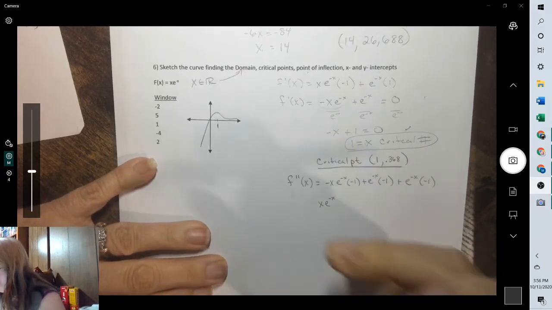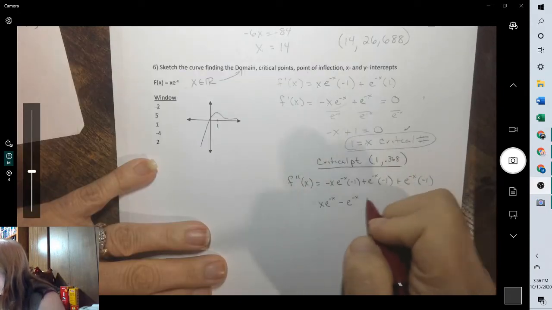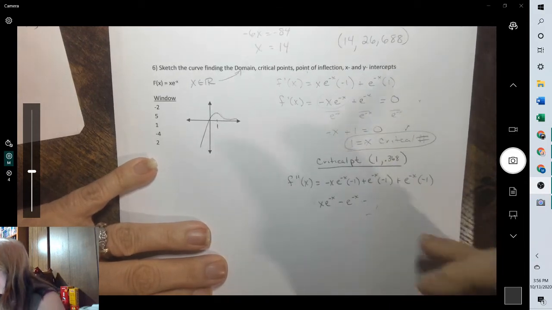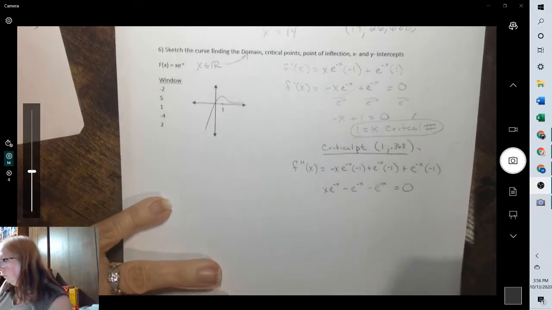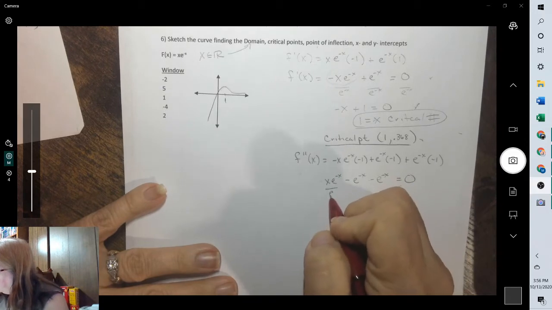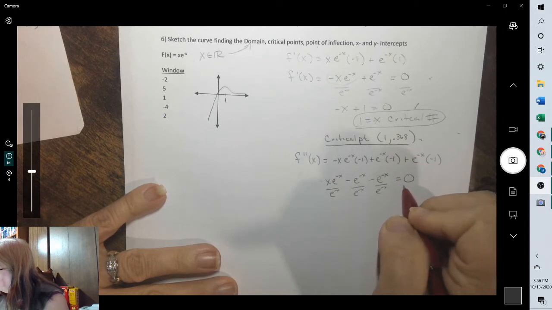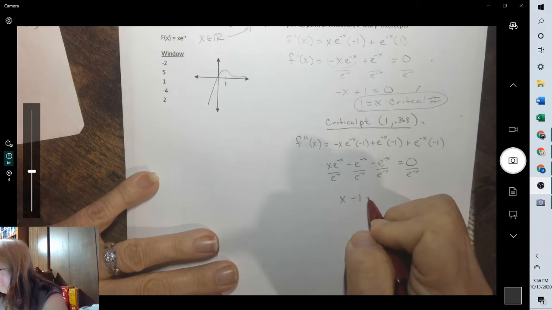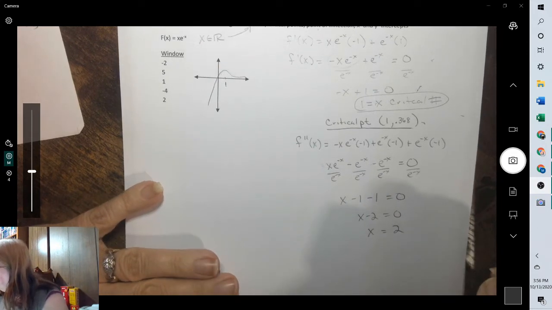So it's a positive 1. Minus e to the negative x and minus e to the negative x. You could add those, but we'll just leave it separate. Four terms, we can divide them all by the e to the negative x. And we get x minus 2 equals 0, which gives us 2 for the x value of the point of inflection.